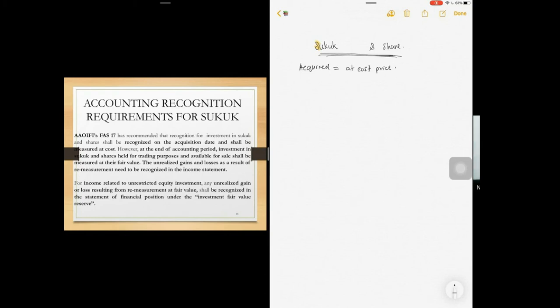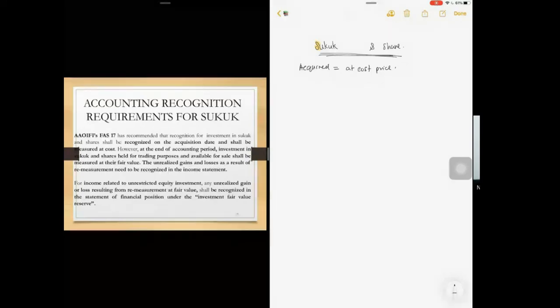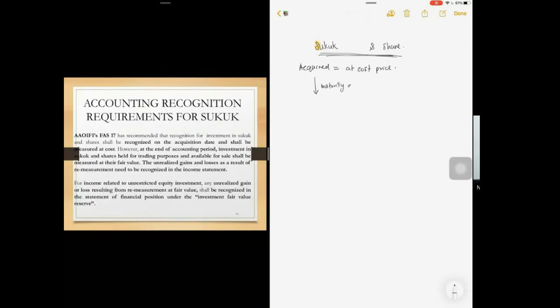And however, at the end of the accounting period, investment suku and share held for trading purposes and available for sale shall be measured at their fair value. Maksudnya bila dah habis acquired lah, maturity date dah ends, dia punya price tu mesti calculate at fair value price.